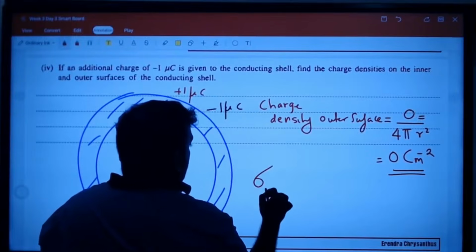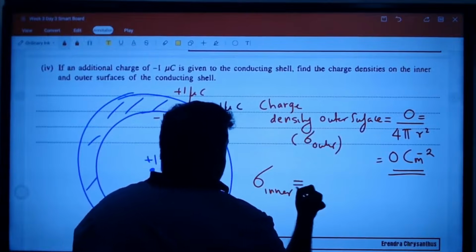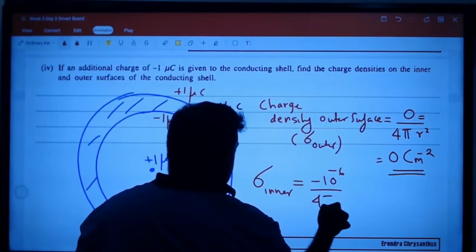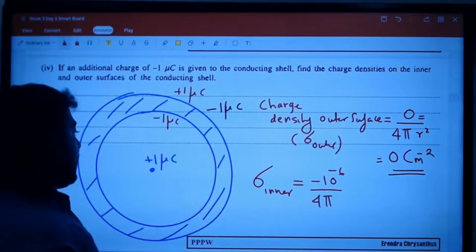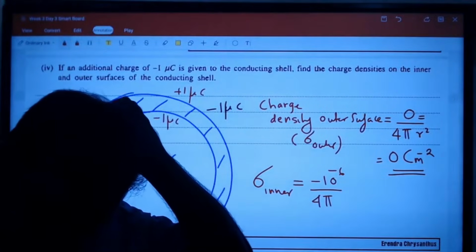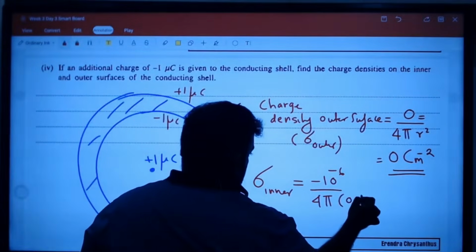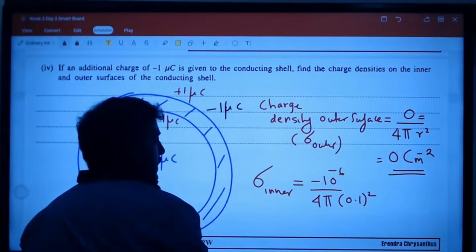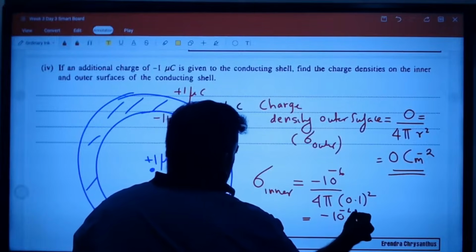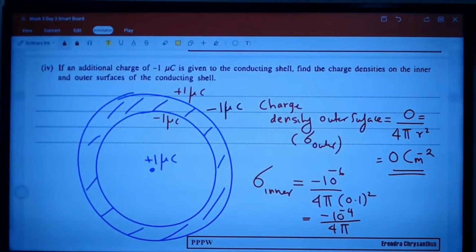Inner surface, sigma inner. Sigma outer, sigma inner surface: minus 1 microcoulomb over 4 pi times the radius squared. What's your radius there? The radius there is OS, I think. OS is 10 centimeter, 0.1 squared, 10 to the power minus 2 squared, 10 to the power minus 4, times 4 pi.